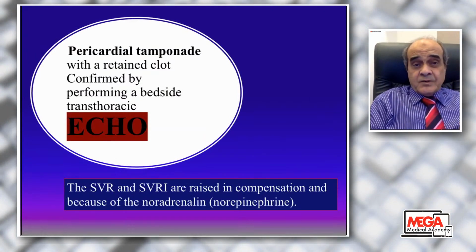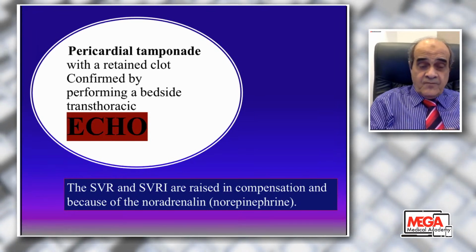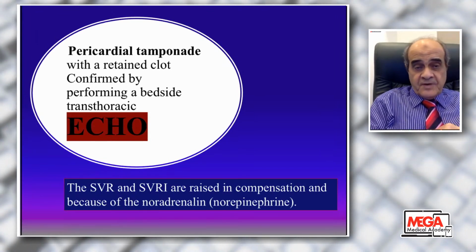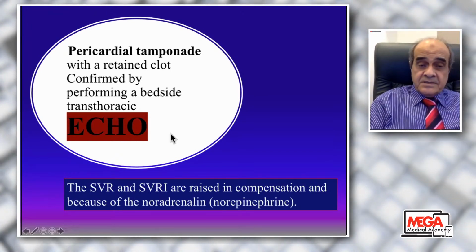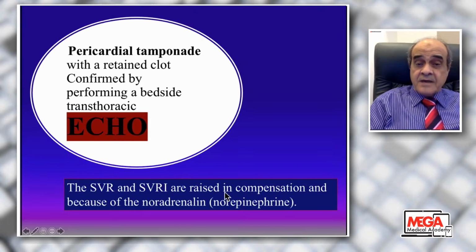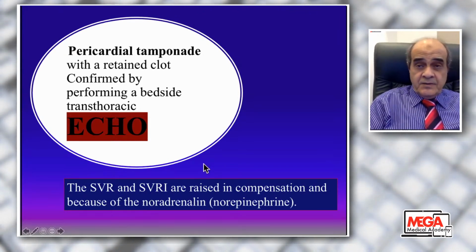Pericardial tamponade with a retained clot is confirmed by performing a bedside transthoracic echo. Of course, we have to confirm this. The systemic vascular resistance and its index are raised in compensation and because of noradrenaline use.